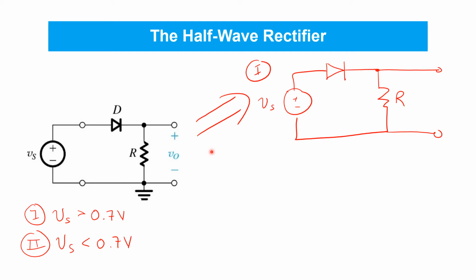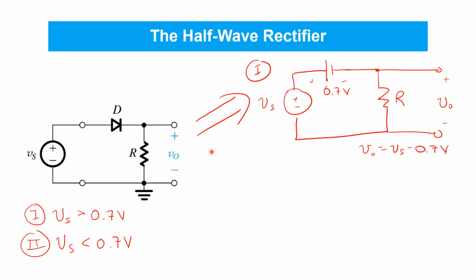In this circumstance, we can, using the constant forward voltage drop model, replace the diode with a constant 0.7 volt source. In doing so, we see that VO equals Vs minus 0.7 volts.